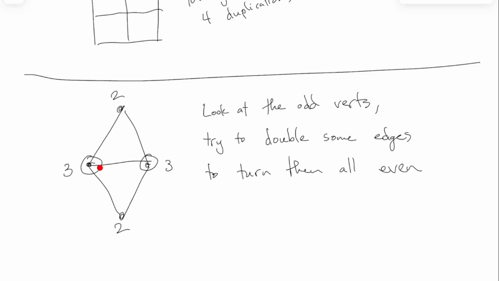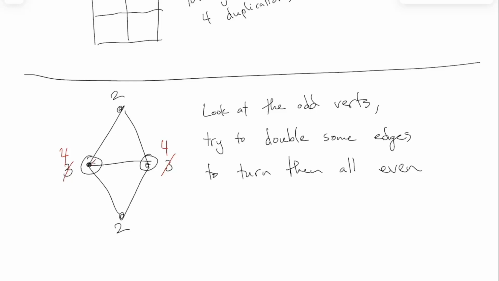I see 2 3s here, but if I were to duplicate the edge going across, maybe I'll just draw this in red here. If I double this one up, now these become 4s instead of 3s, right? I don't know if it's clear what I'm talking about. Sorry.